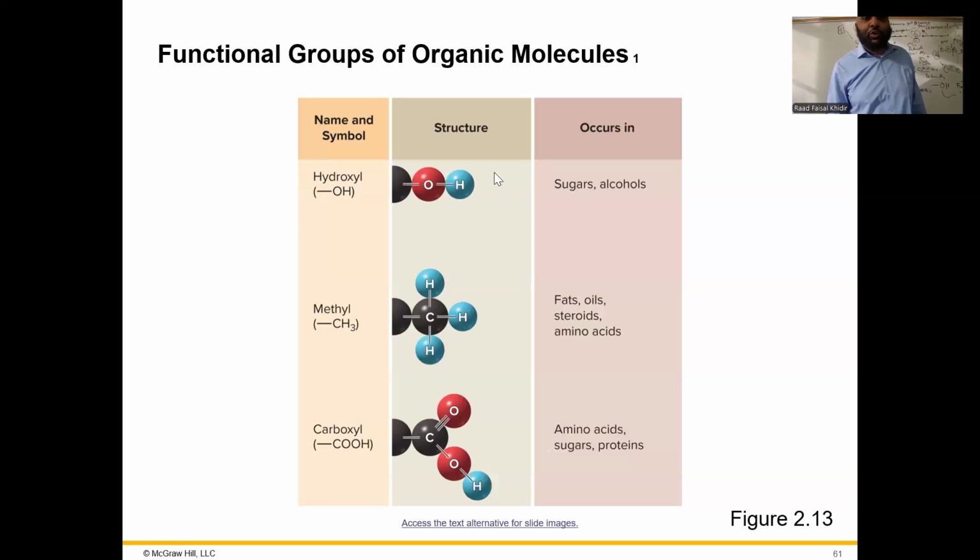So the functional group is OH. Another functional group is CH3. CH3, that's methyl. You can find a lot of that in the fats, in the oils, in the amino acids. You're going to see a lot of CH3. Then there is the carboxyl, where you have an OH but with a C double bonded to an O. A carboxyl group looks like that.